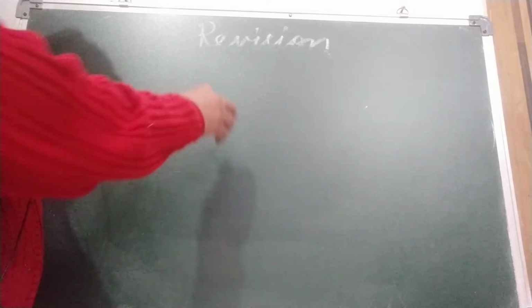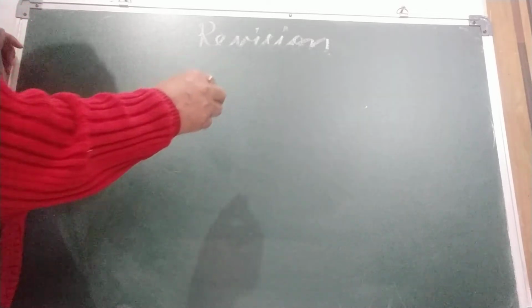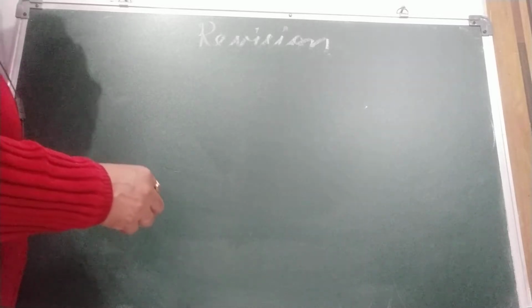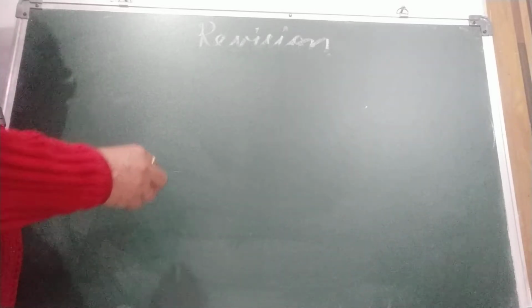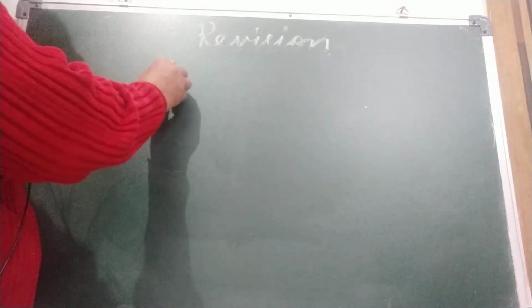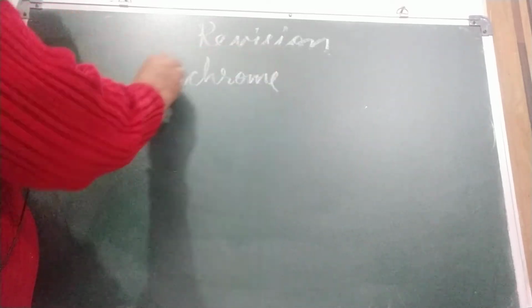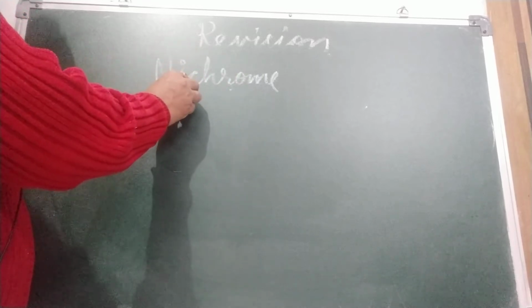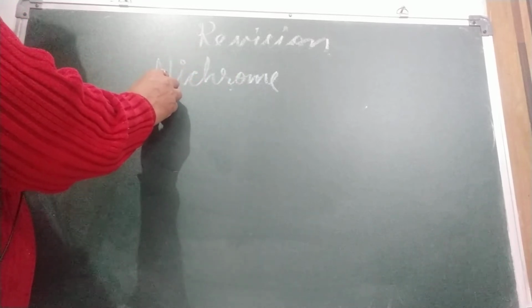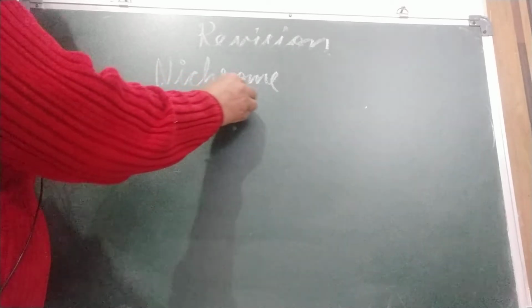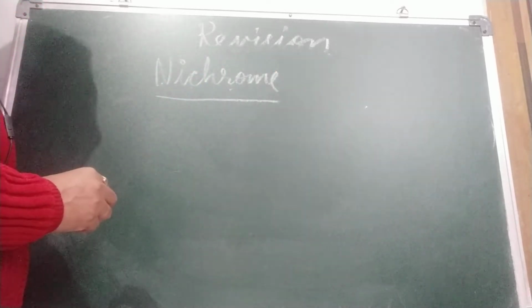And like the wire, here we use high resistance wire to make these gadgets. Like nichrome, it is the alloy of nickel and chromium. We use it to make gadgets like electric heater. So the wire of this nichrome is used there.